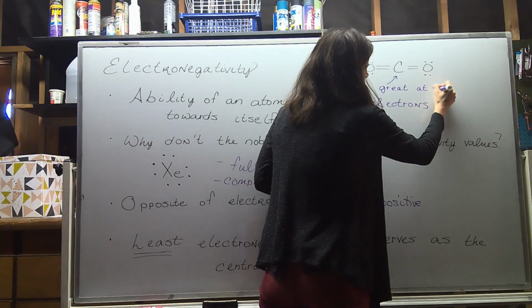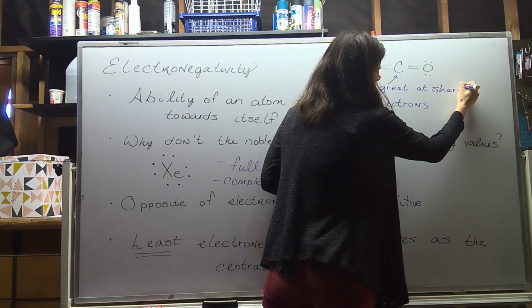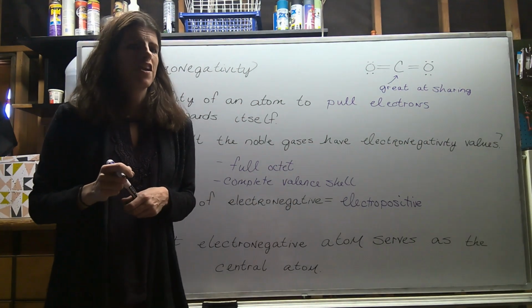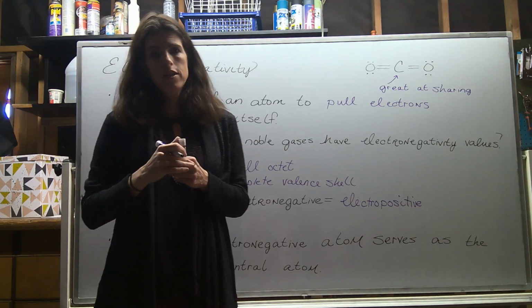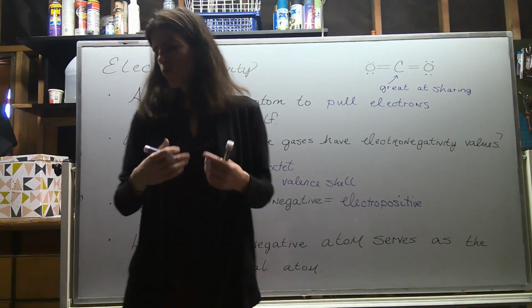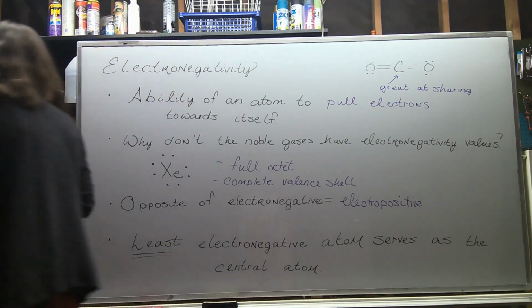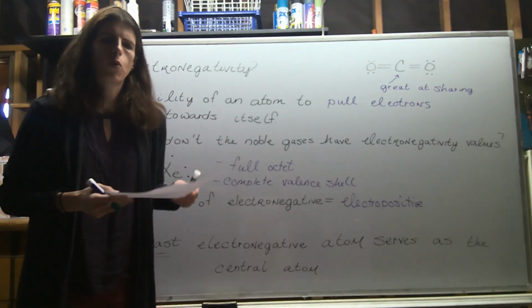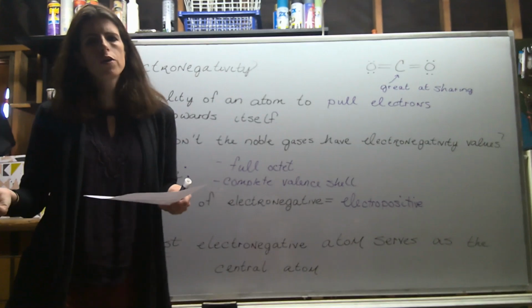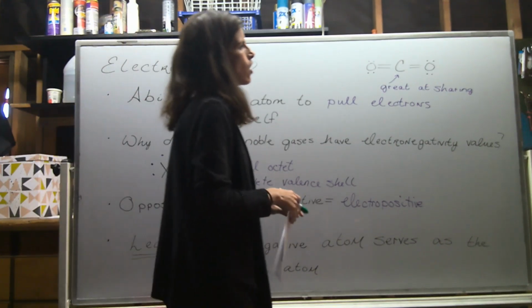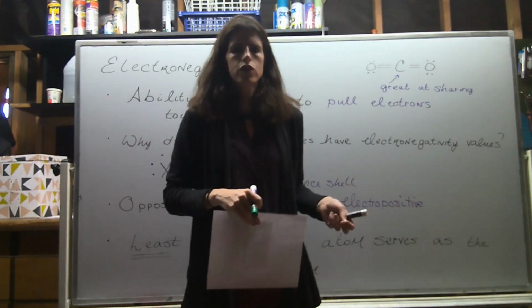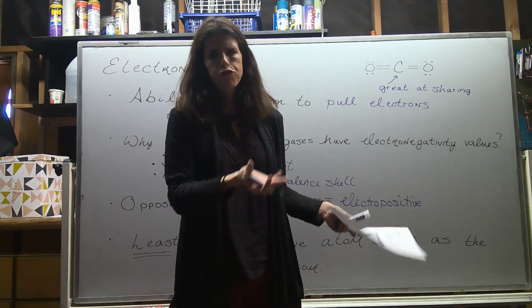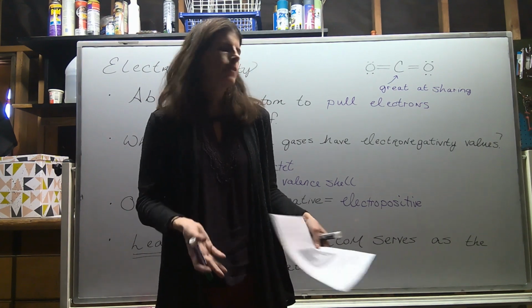And well, one thing too about carbon is it's not so electropositive that it's a pushover either. Carbon's got the best of both worlds, especially if you look at the value on the lecture handout here. Carbon comes in at 2.5 compared to fluorine's 4.0. So that just makes it a great candidate for a central atom. And again, just don't put fluorine in the middle. That's never going to happen.